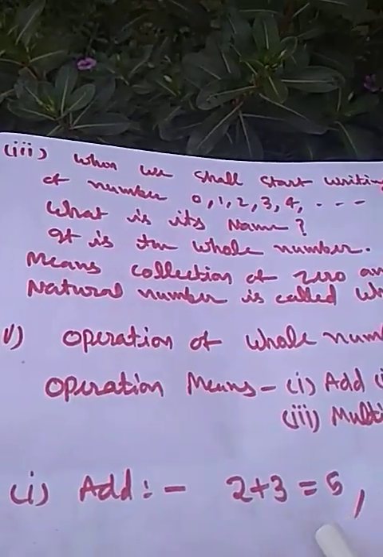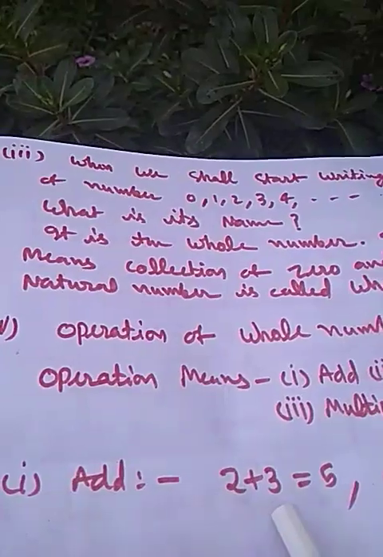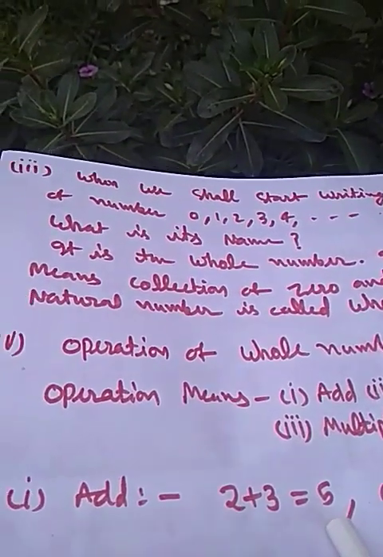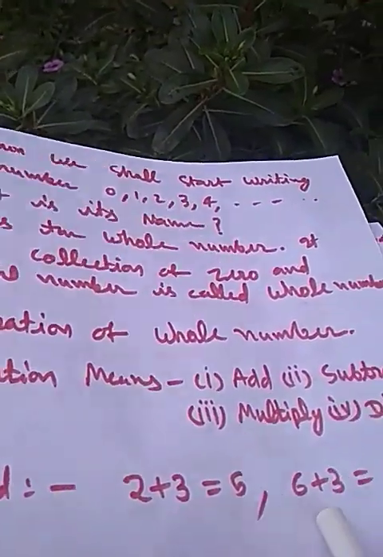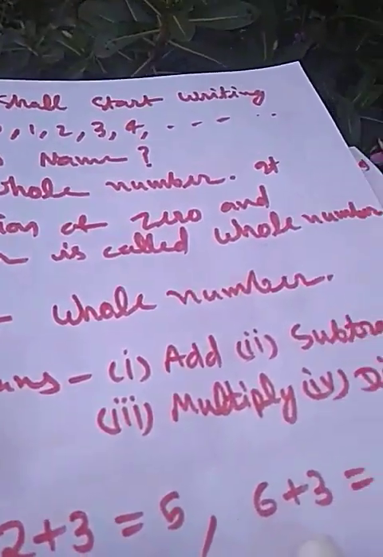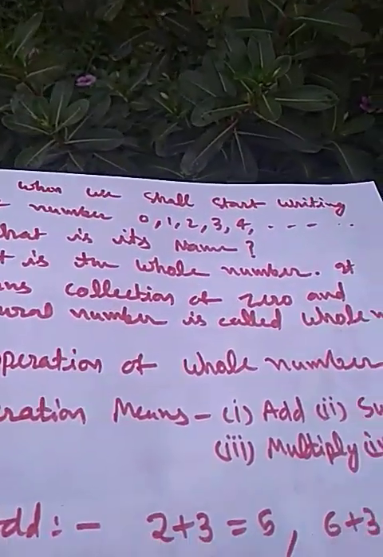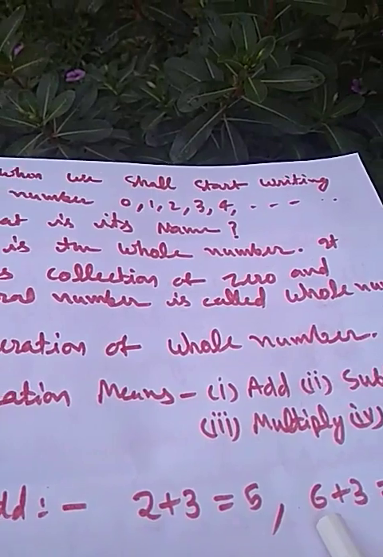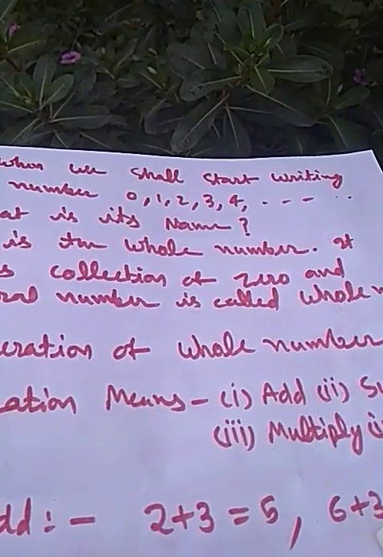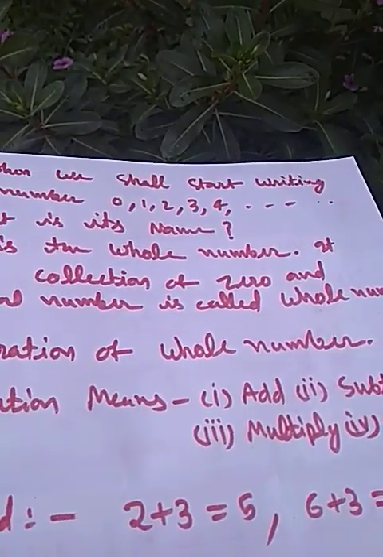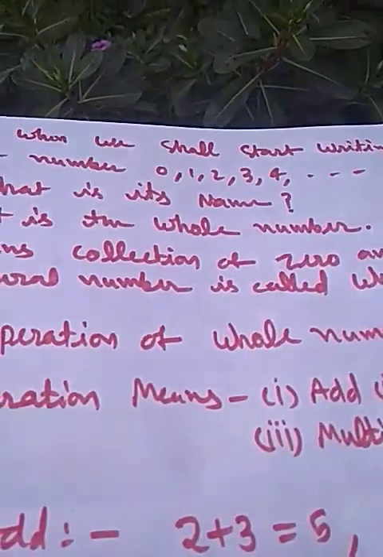It means when we add two whole numbers, that is also a whole number. And next example is 6 plus 3 is equal to 9. Means here 6 is a whole number, 3 is a whole number, and 6 plus 3 is 9. 9 is also a whole number.